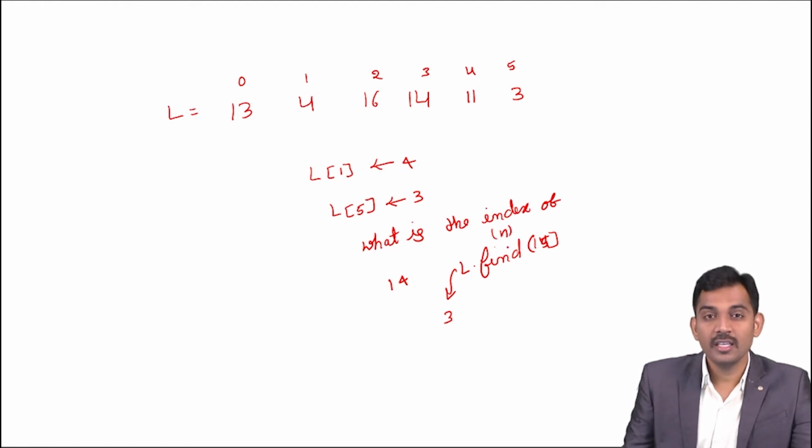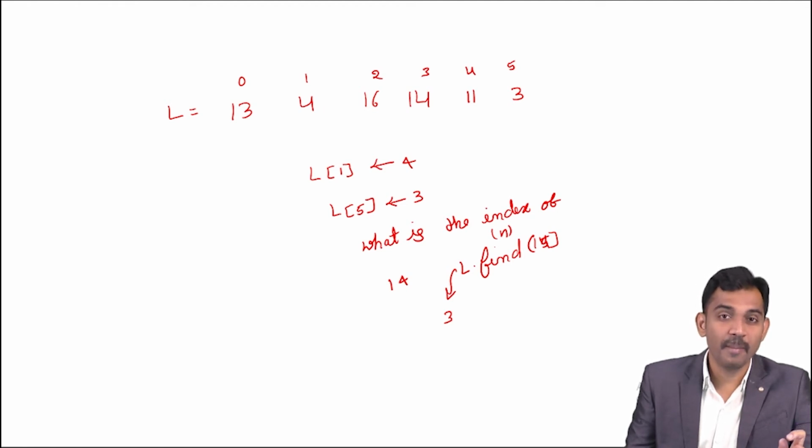Instead of that, I'm going to take one mapping structure, that is a dictionary. Using the dictionary, I'm going to store key and value pairs. Here the key is the element and the value is the index.